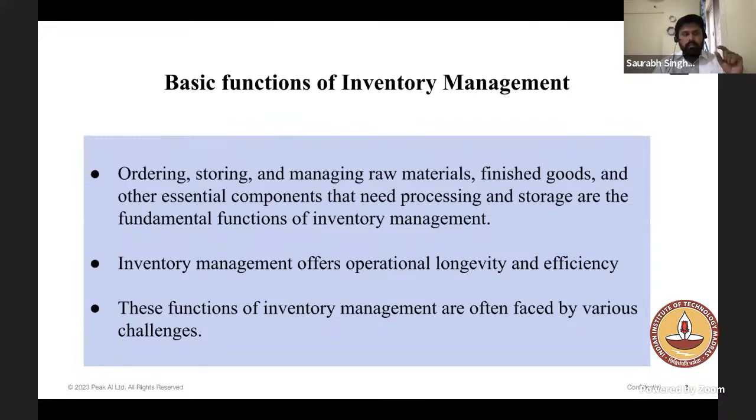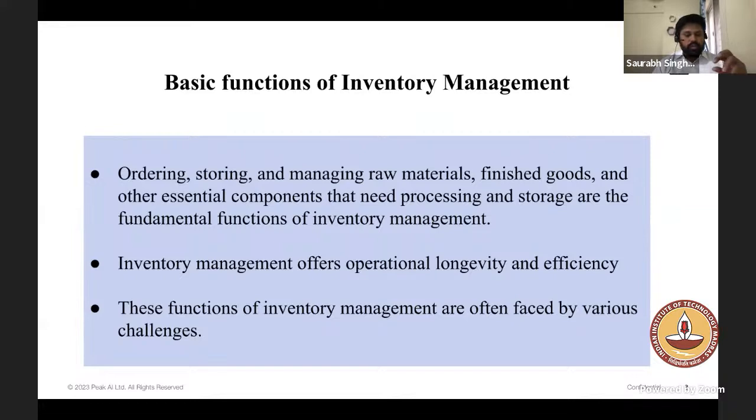So if you are doing your inventory management right, it can offer you operational longevity and efficiency. For example, you have a certain type of spare part required. Suppose the machine which is producing a good goes fatal or has some problem. Now, if that spare part is available at the time the machine goes dysfunctional, you can immediately replace the broken part using that stored spare part inventory available in your storage, and you can make your machine quickly up and running again so that it does not affect the overall production line, right?